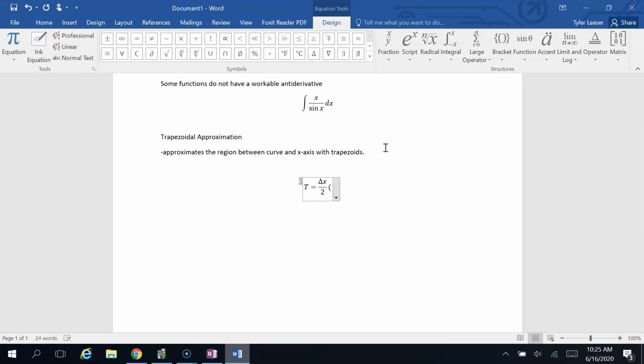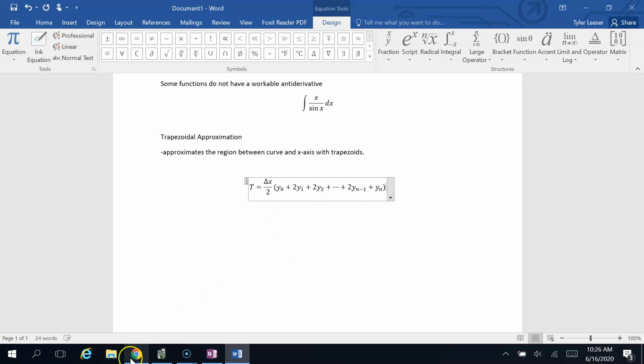And then that's going to be times the first y value on the left-hand side of your first trapezoid plus 2 times the next y value plus 2 times the next one plus all the way down 2 times y sub n minus 1 plus just a single y sub n. These y values represent the heights of the left and the right hand sides of your trapezoids. The reason that you only have a single y value for y naught and a single y value for y sub n is because those are only counted once.